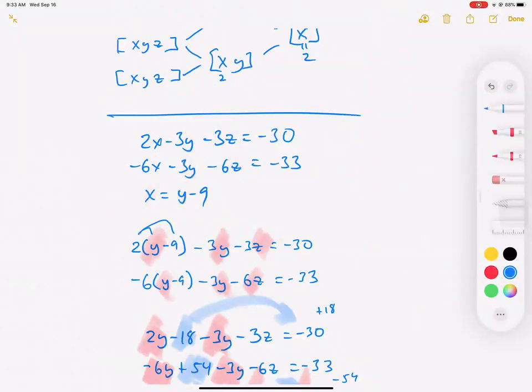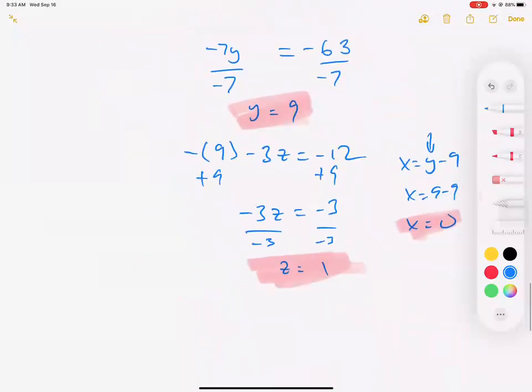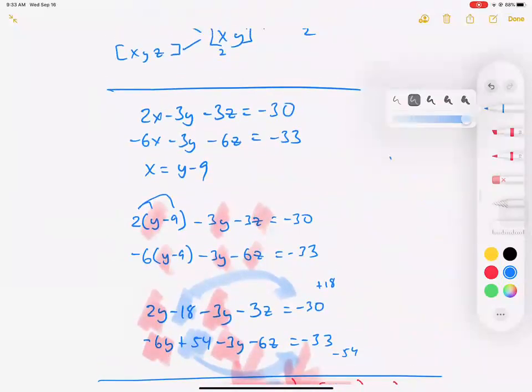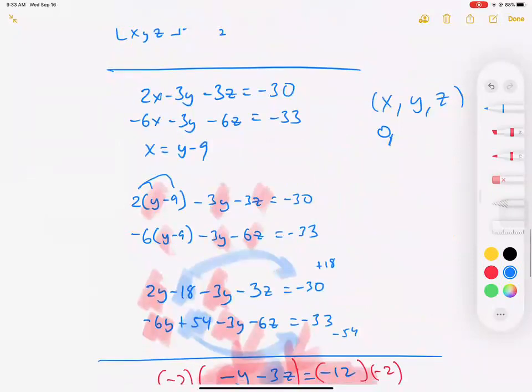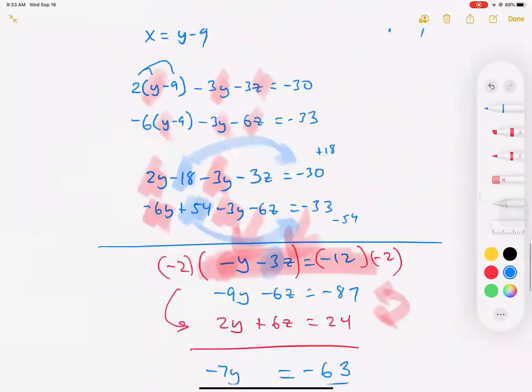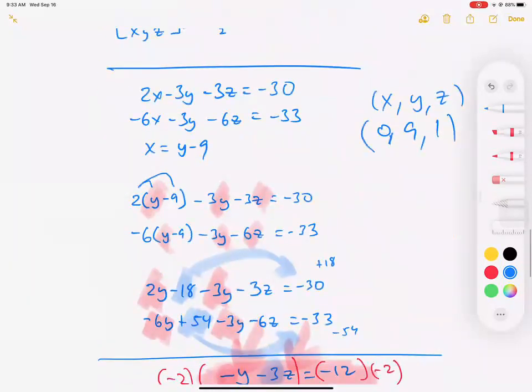And our claim now is that x is 0, y is 9, and z is 1. This would be true for all three statements.